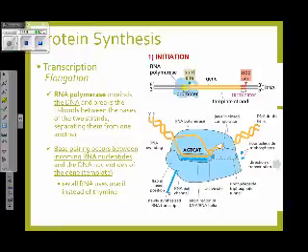A, U, C, and G. The only one that changes between the DNA and the RNA is the T and the U. So there's no T's in RNA, there's no U's in DNA. When you're coding, if it comes across an A, which would normally bind with a T, it'll put a U in. If it comes across a T, it'll put an A in.